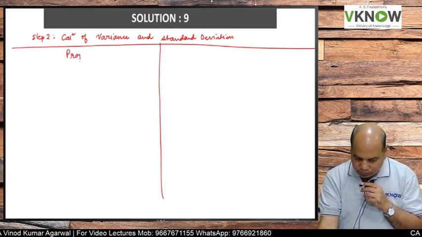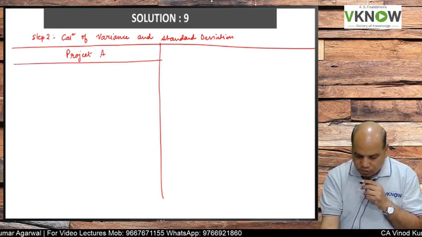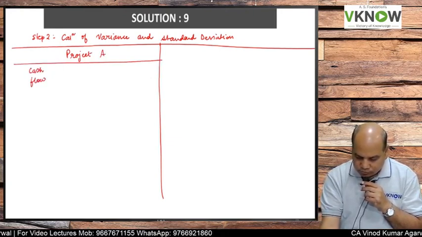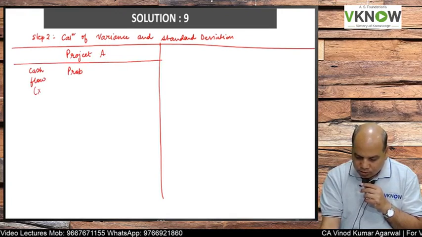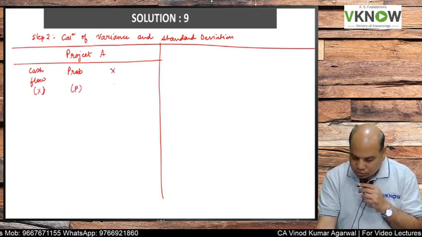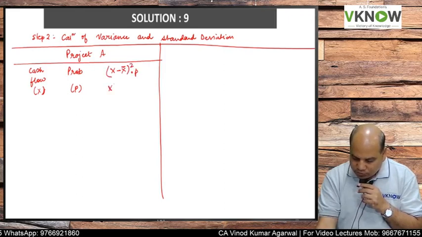Project A, 3 columns: cash flow, probability. In cash flow column write X, in probability column write P, and in the last column write X minus X bar square into P. And what is X bar equal to?